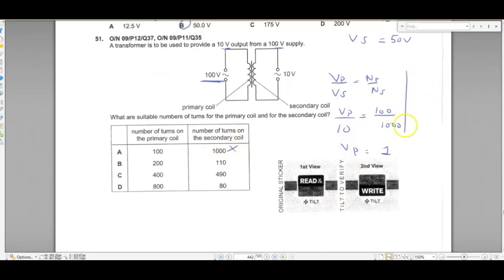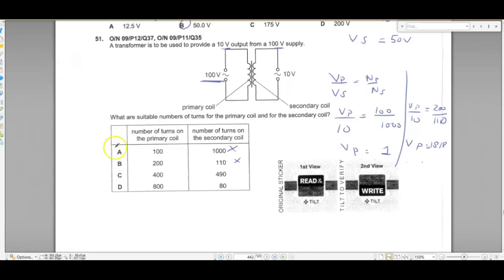Okay, moving further, if we have Vp over 10 is equal to 200 over 110. So Vp is going to be 18.18, sorry. Okay, 18.18 is not correct. So this is not a good option.